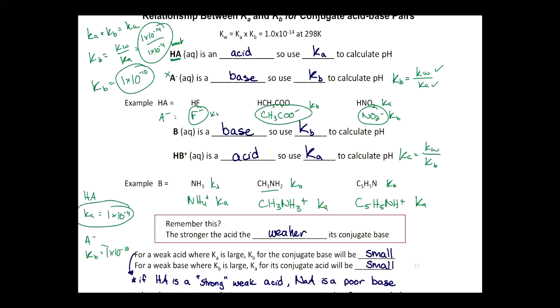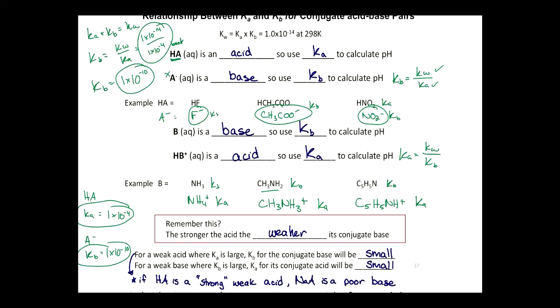So look here. Ka and Kb for a conjugate acid-base pair are related to one another. The larger Ka is, the smaller Kb is for its conjugate base, because both of those numbers have to multiply to give you Kw. And that's where the mantra that we followed, the stronger the acid, the crappier the base, comes from.